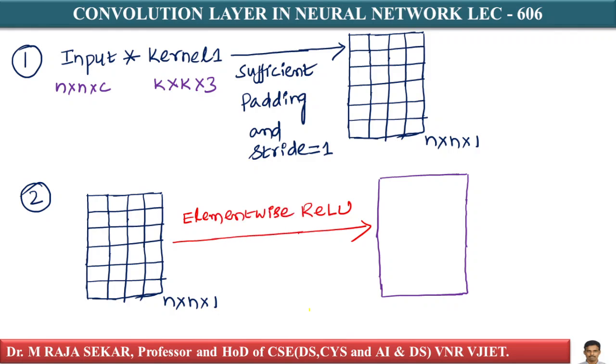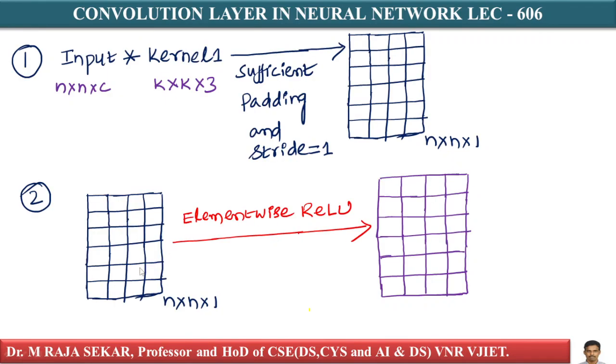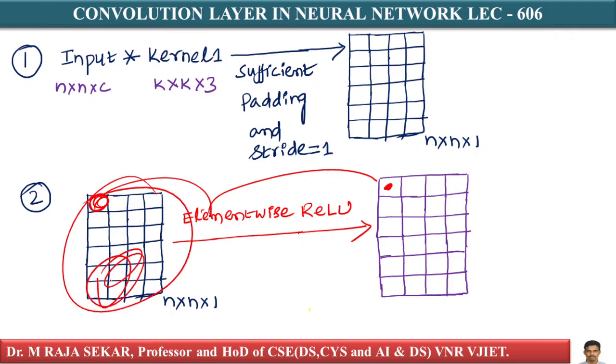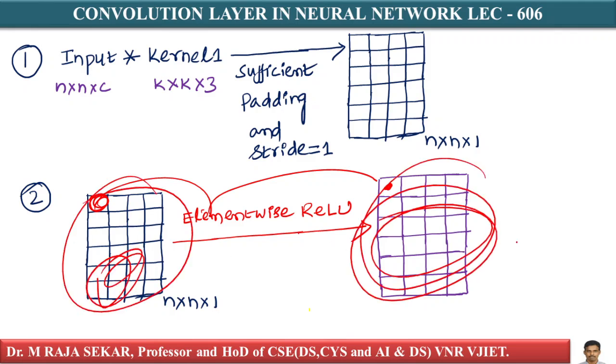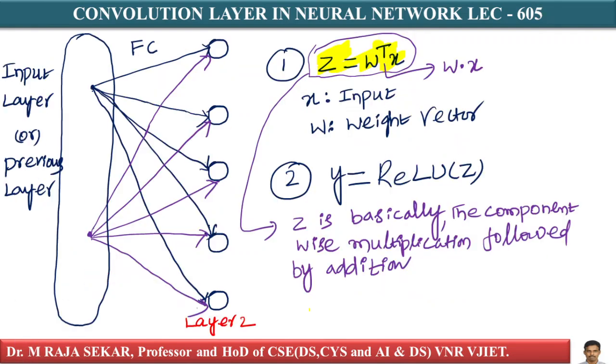I apply element-wise ReLU on top of this matrix and keep the values here. Anyway, we will try to understand it element-wise. I will get the final matrix, isn't it?